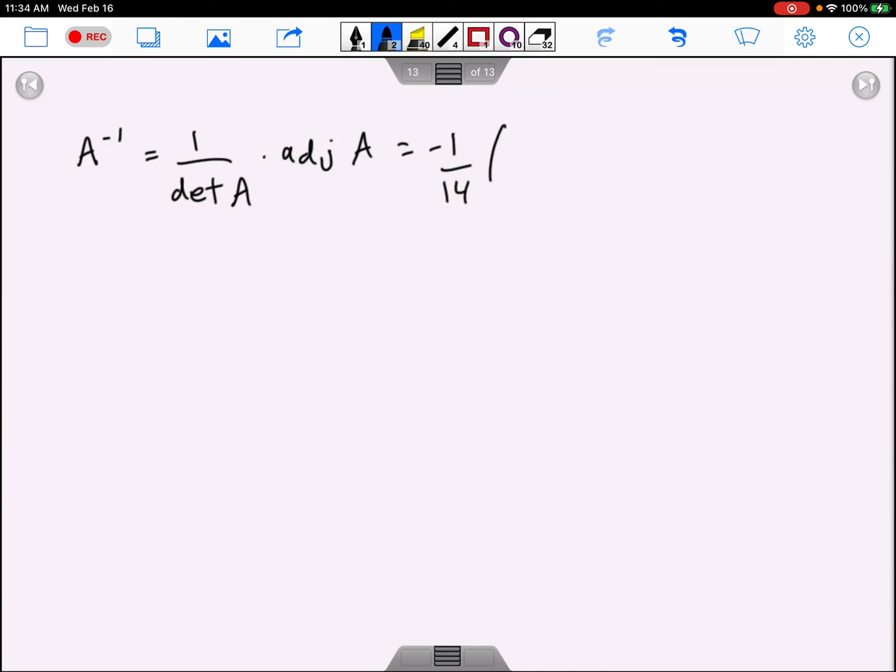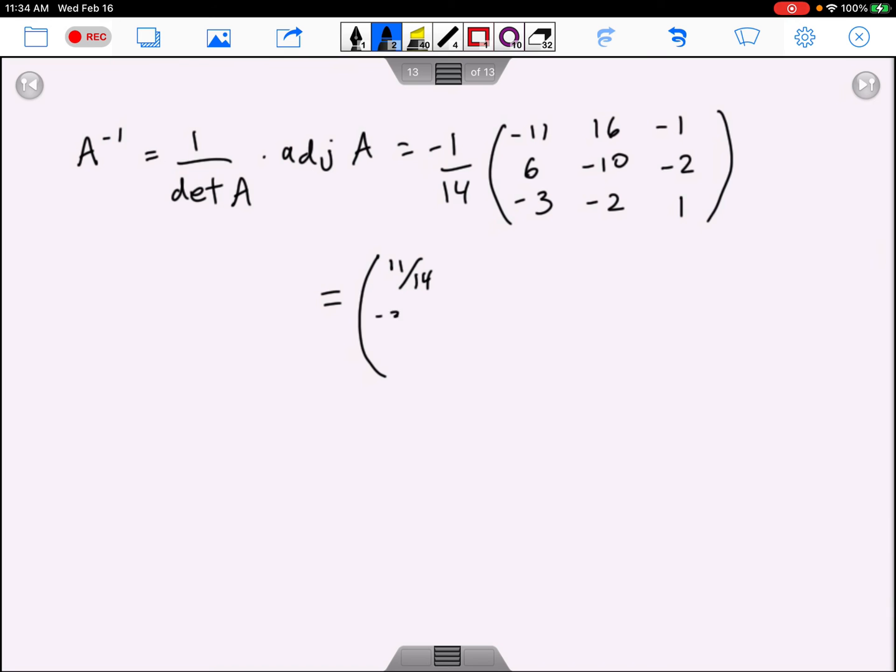So 1 over the determinant times the adjoint. And so this gives us the following for our inverse matrix. Just multiply that scalar through.